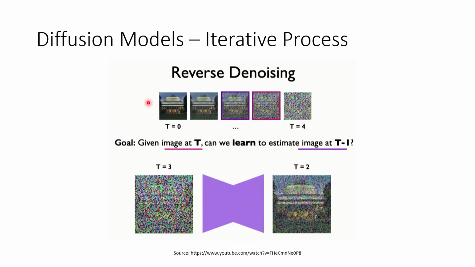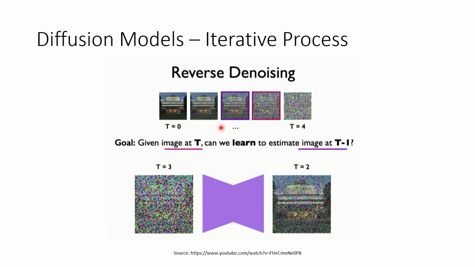So if we have a dataset with a lot of images, for all the images we create noised images, taking t, the number of noising steps, as 5.